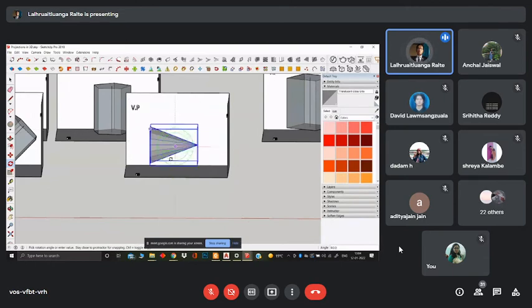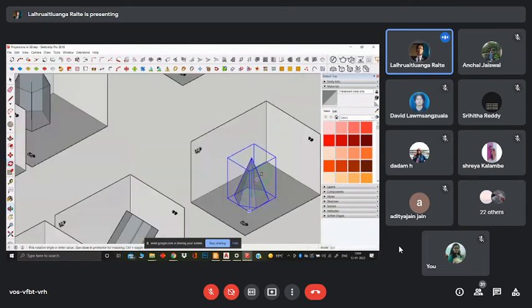Along this direction only I can rotate, so that I do not break its parallel nature to the VP.